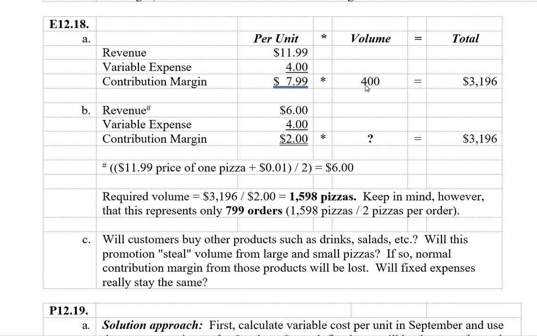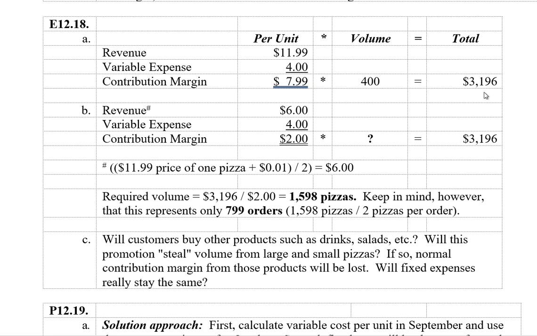In other words, right now they're doing 400 orders, or they get 400 of these. So this is the amount of money they're bringing in. That's the amount of contribution going toward your fixed costs and your operating income. You may not have a whole lot of operating income because your fixed costs could be up there.